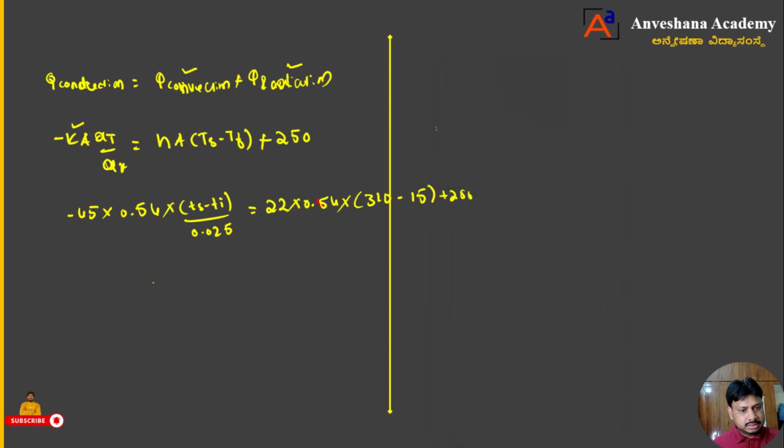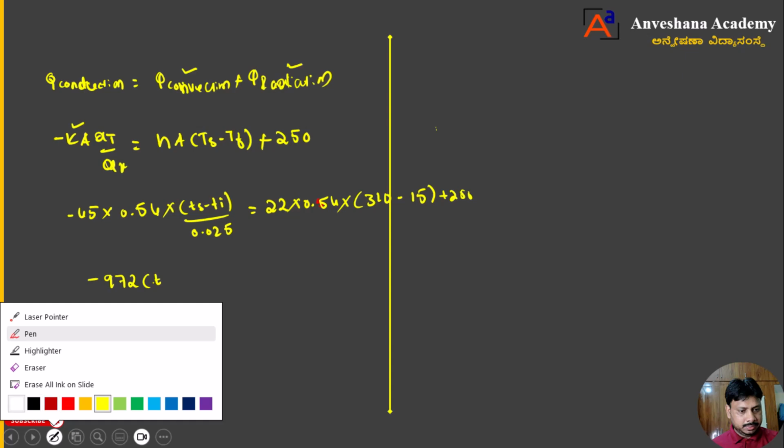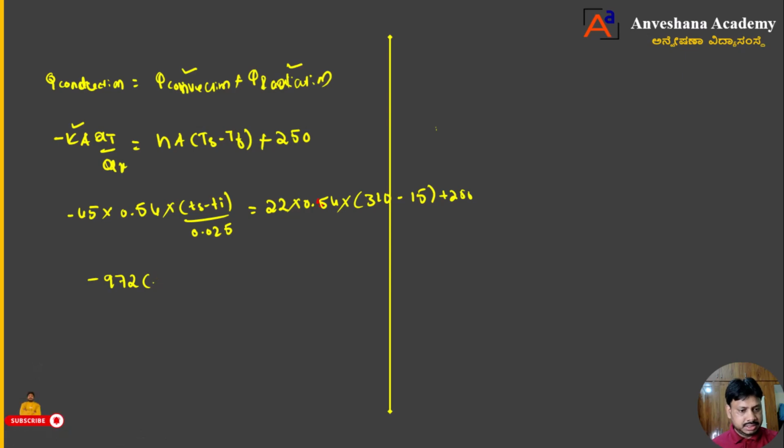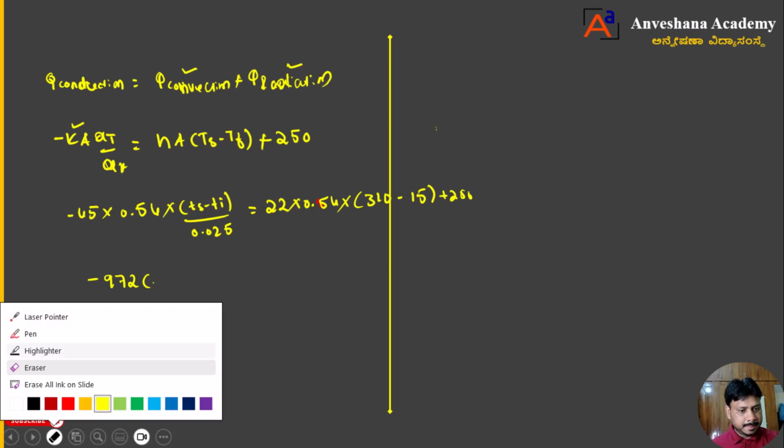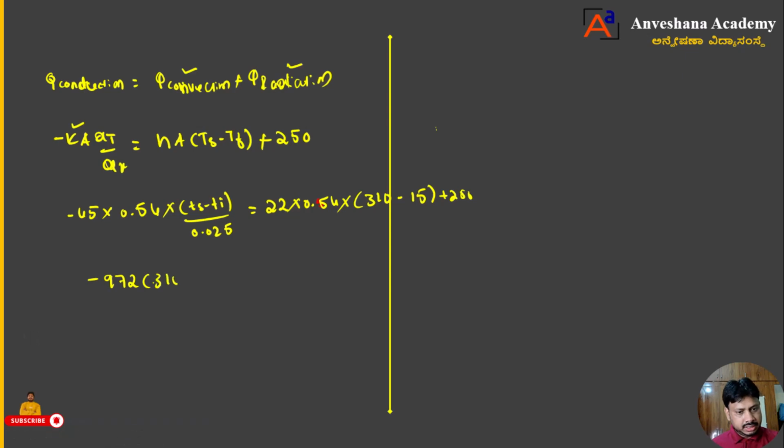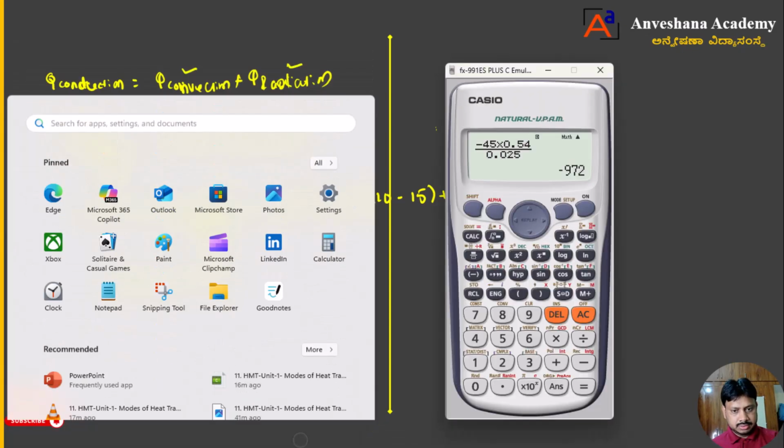So here I am getting minus 972, into this I have done. Then what is left out? The surface temperature. As 310 is the surface temperature, I will write that value because I know the surface temperature, that is 310. That is equal to 310 minus Ti, but Ti I don't know, so I will keep it as it is. That is equal to the value of this, with the help of calculator.